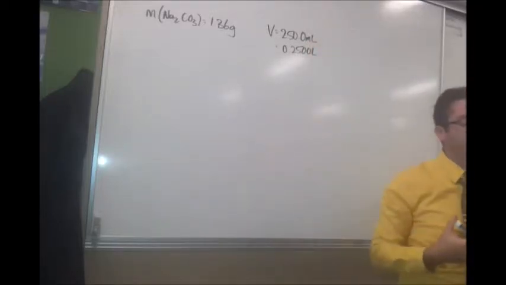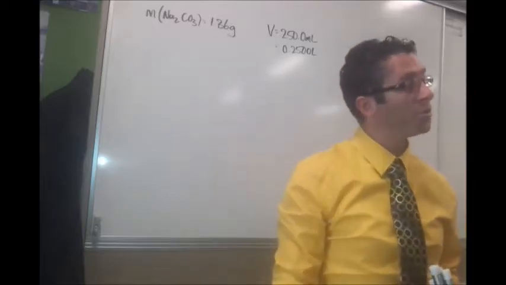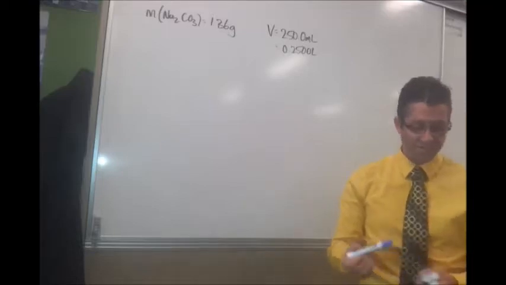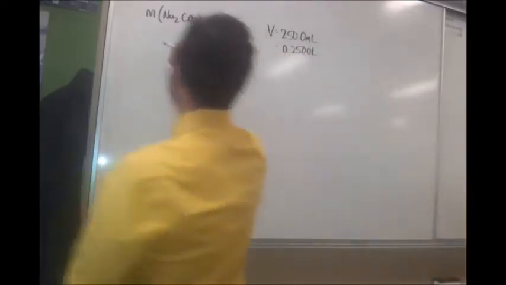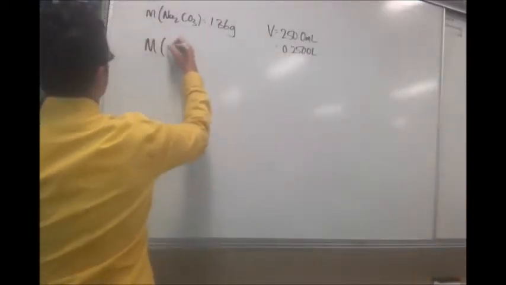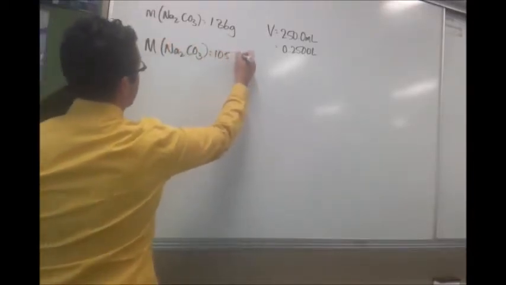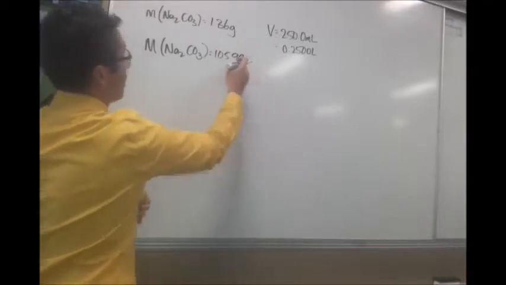Okay. So what I want to know is what's its concentration in moles per litre. Grams per litre would be very easy, but it's not what we're after. We also know, because it's set up on the container, that the molar mass of sodium carbonate is 105.99 grams per mole.